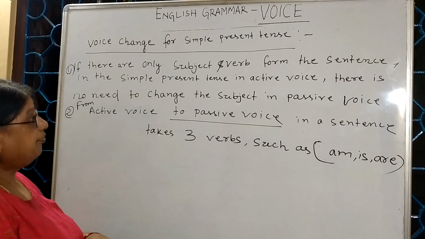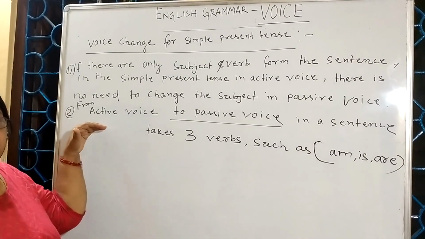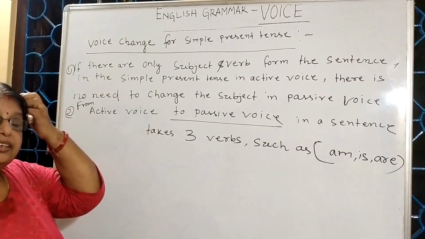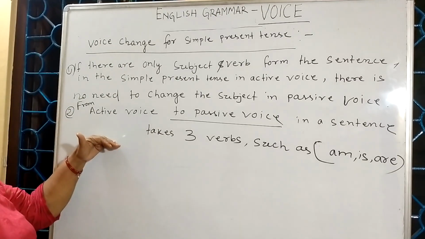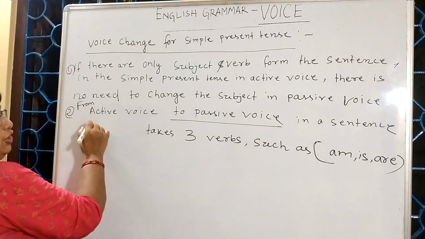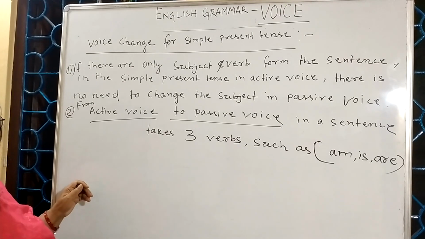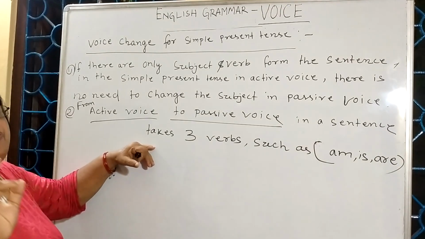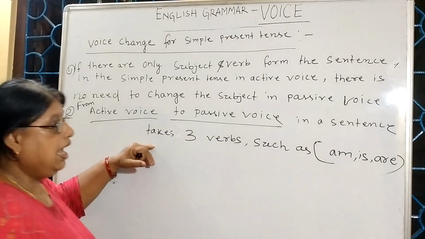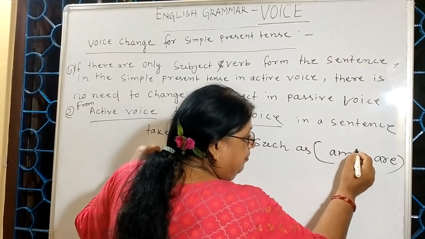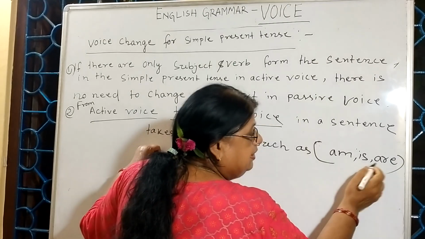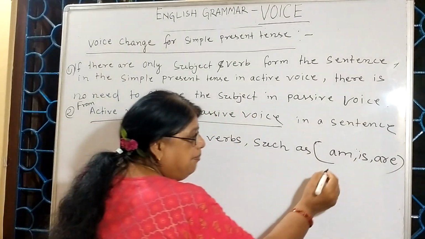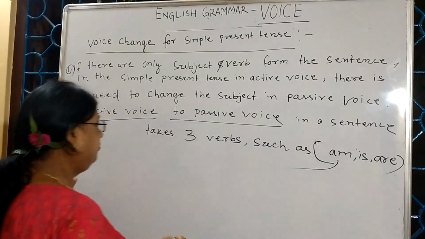So, when we change one sentence from active voice to passive voice, it takes 3 verbs, either am, is or are.